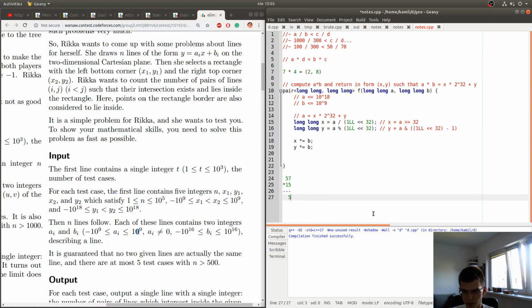For example, here it would be 5, because it's 5 times 7, and then there is some part that moves to the next digit, and the same happens here. To the next digit, to x, you add y divided by 2 power 32, and for y, you then do modulo 2 power 32.